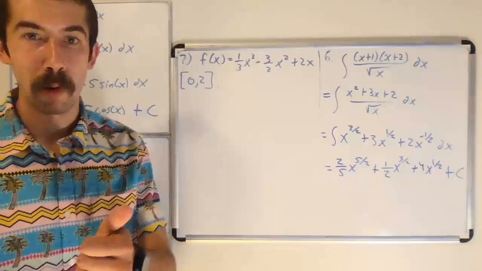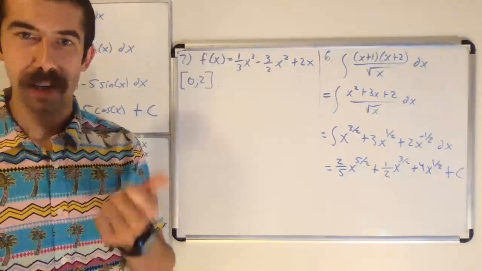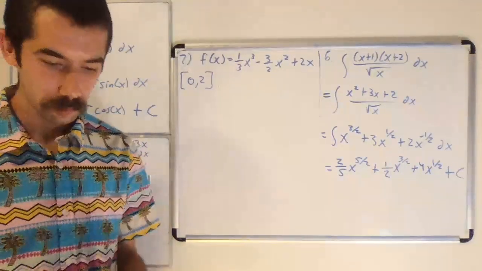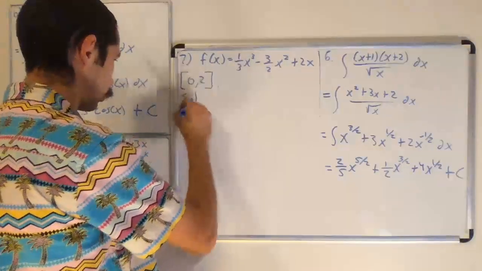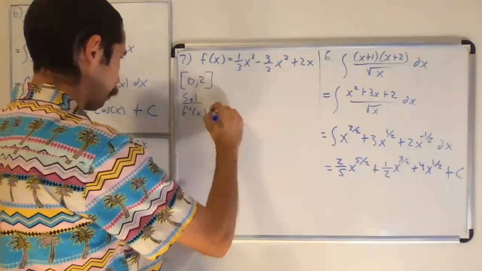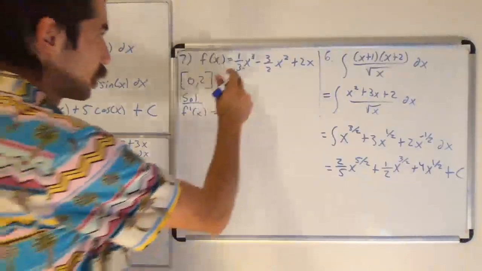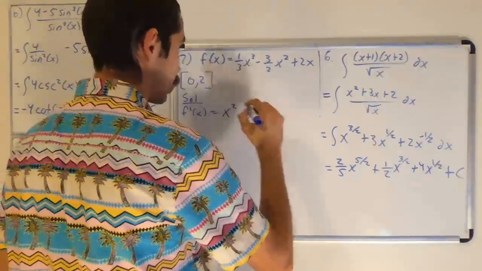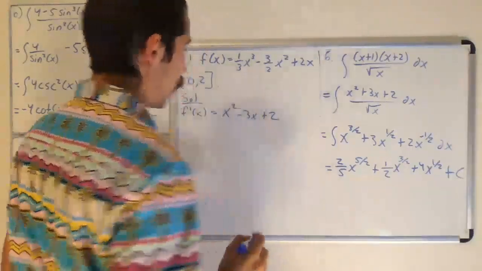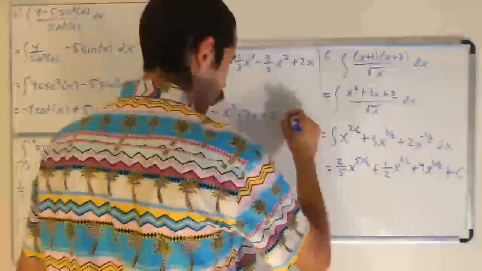We find its critical points, or its critical numbers, and then we test the endpoints as well. So let's take the derivative. That's x squared minus 3x plus 2, and we want to set it equal to 0.